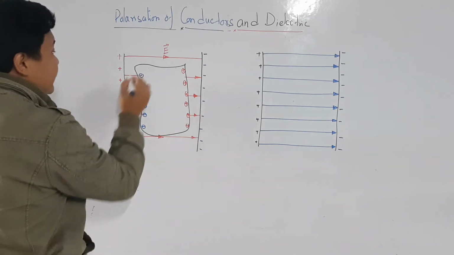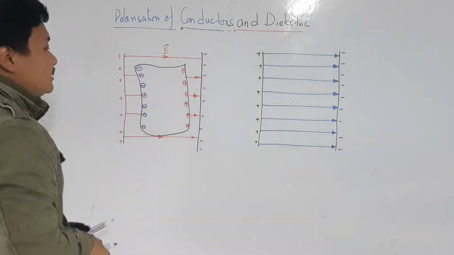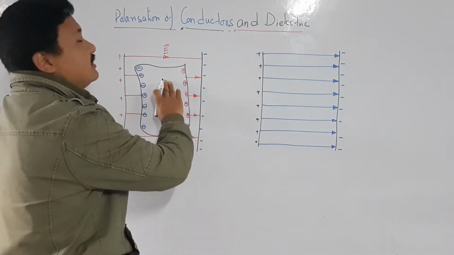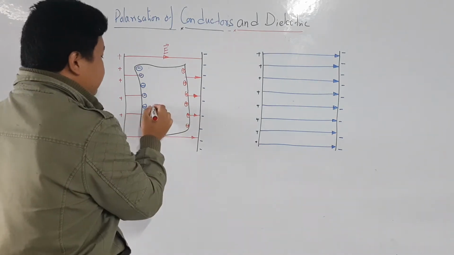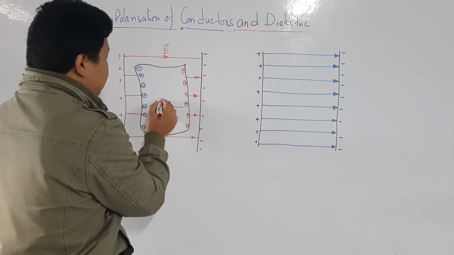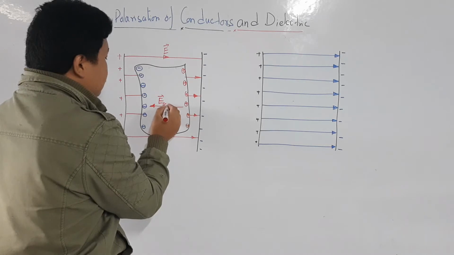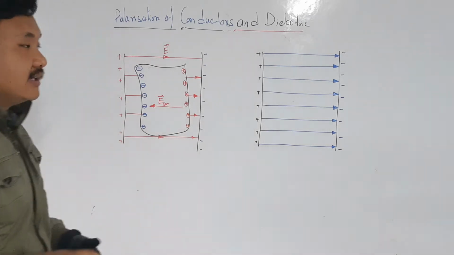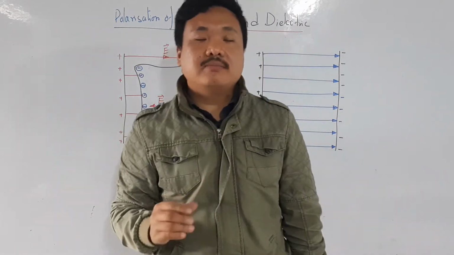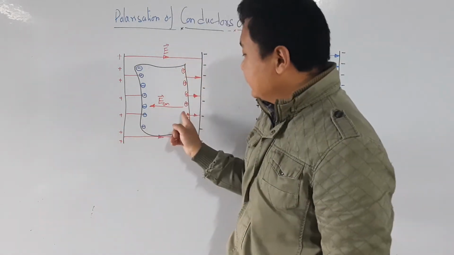So what happens is now there will be an electric field inside the conductor in this direction, right? This is the electric field due to the conductor, inside the conductor. Why? Because electric field moves from positive to negative, isn't it?